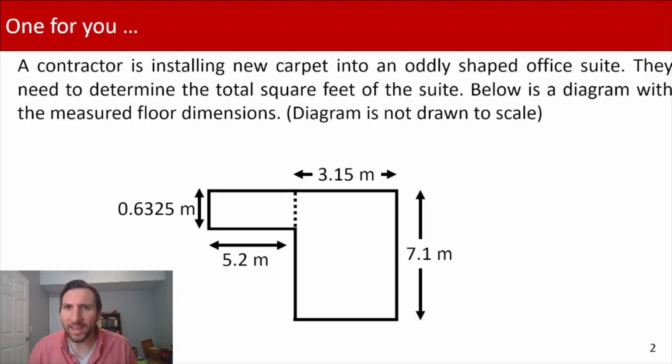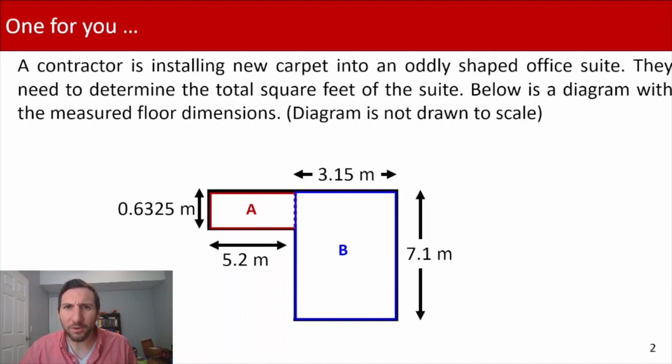So how do we handle this? Well, we're going to break this oddly shaped suite into 2 different sections, section A and section B. So we're just going to make 2 different rectangles. We'll figure out the square footage in each rectangle, and sum it up to get the total square footage for our contractor.